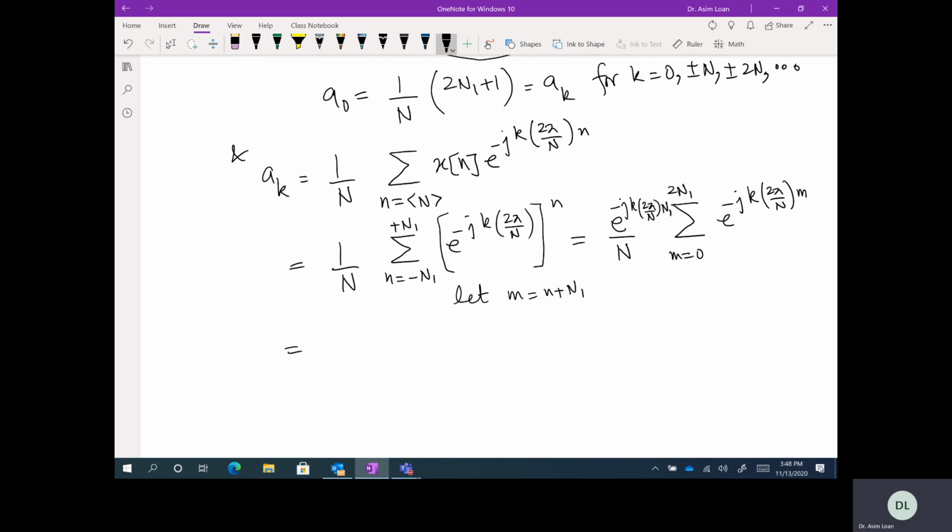Okay, good. So I have e to the minus j k 2 pi by n into n1 outside, divided by n, and inside this is a geometric sum.